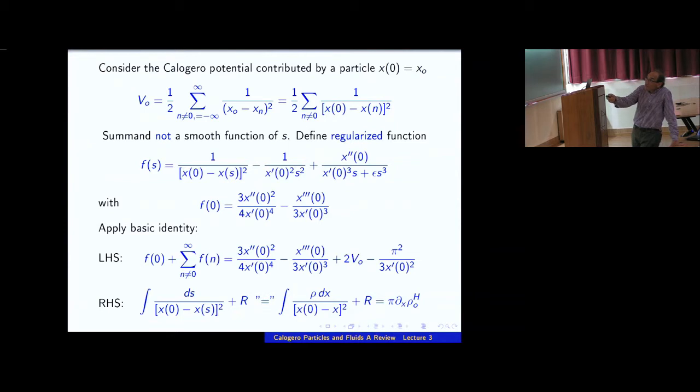But I also have to sum these terms. This term sums to 0 because it's odd, that is antisymmetric under s, and integrable. This term, however, does not sum to 0. It gives a well-known contribution, which is pi squared over 3. Therefore, this is the exact expression for the sum of the values of f of s.